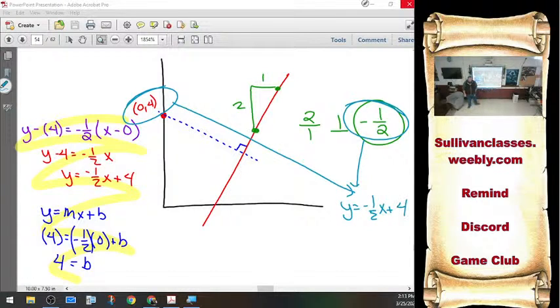Straight to answer. Doesn't always work out that way, but when it does, it's nice. Not always. But if they just gave me the y-intercept as my point, then I might as well use it.